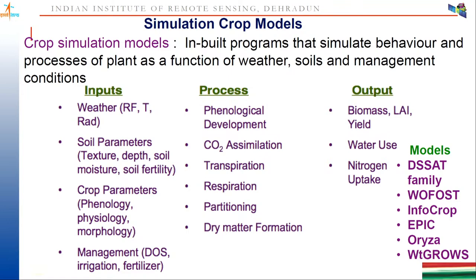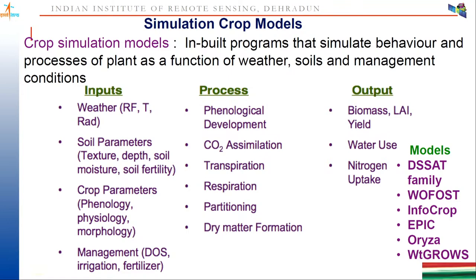Crop simulation models are nothing but inbuilt programs that simulate behavior and processes of plants as a function of weather, soil and management conditions. This means all these models require input: weather input in the form of temperature, humidity, solar radiation, rainfall, etc. It requires soil parameters also, texture, depth and some soil fertility.